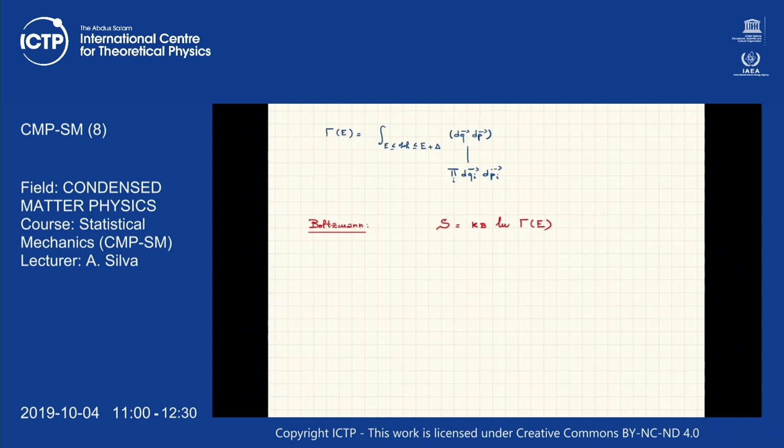Tsallis is a nice guy, but we like Boltzmann more. Let's stick to standard statistical mechanics and standard things here. We want to make sure that this definition is consistent with the basic requirement of having an extensive entropy. So how do we do that?